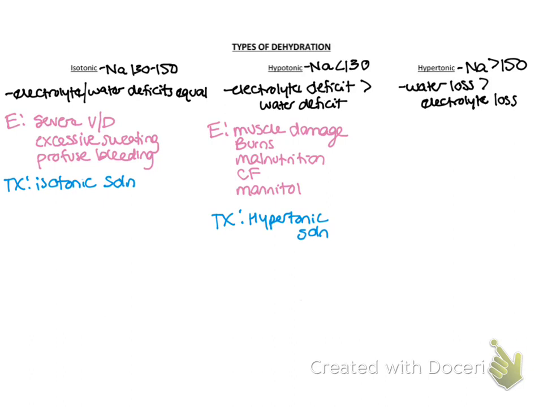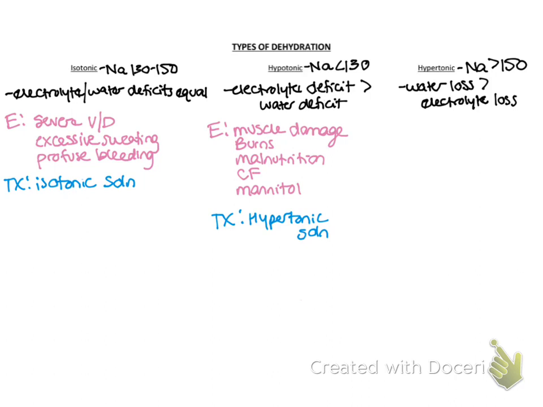So, you've got fluid loss. You've got hypertonic, okay? You've got squares and circles, okay? So you've got an even amount. All right? So now I have a hypertonic dehydration. All right.